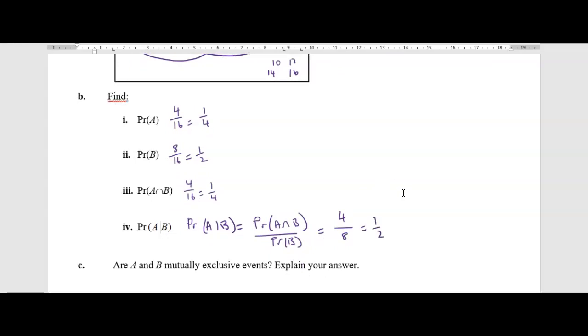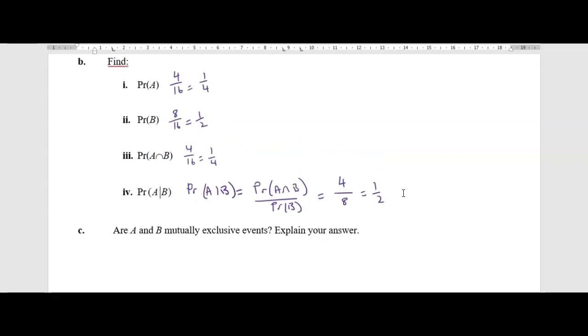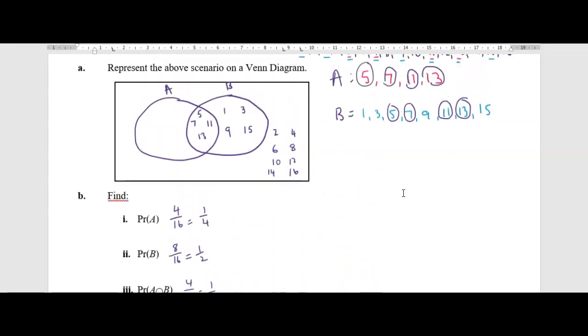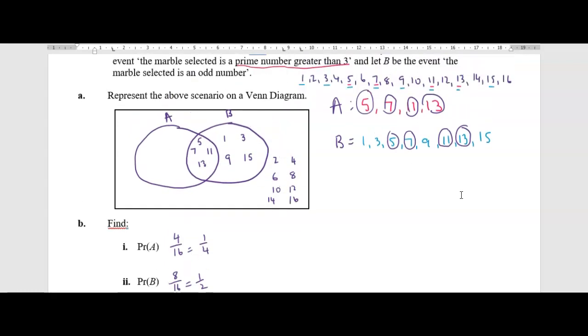Are A and B mutually exclusive events? Explain your answer. So if they were mutually exclusive, you wouldn't have an intersection. They wouldn't have anything in common.